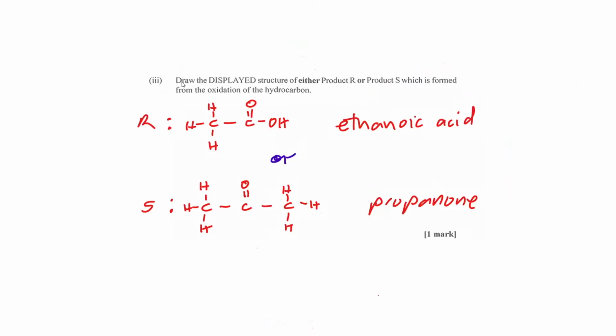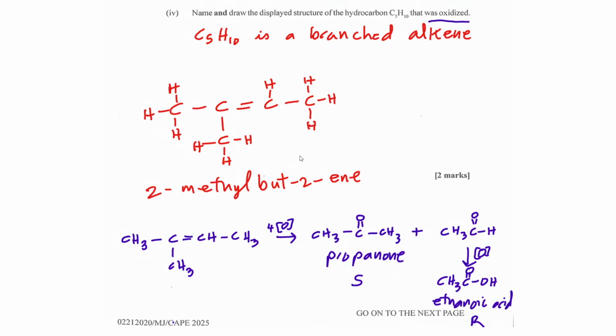So B part 3. Draw the displayed structure of either product R or product S, which is formed from the oxidation of the hydrocarbon. So you can draw for R, our carboxylic acid, ethanoic acid, or you can draw S, which is our ketone propanone. Part 4. Name and draw the displayed structure of the hydrocarbon C5H10 that was oxidized.